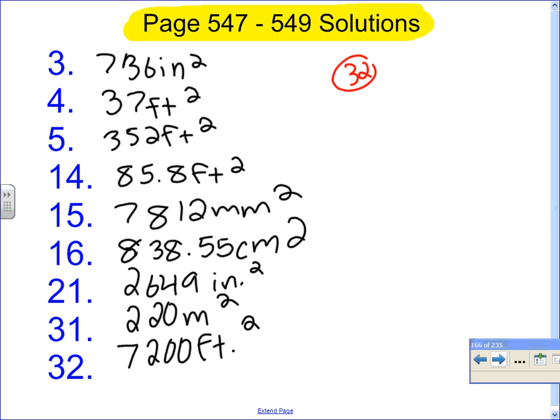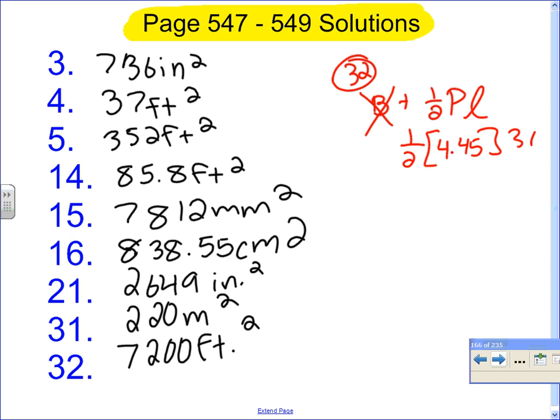So for 32, the top one, it's B plus 1/2 PL. But because you're finding a surface area of the whole thing, ignore the base. Don't find the base. Because remember, it's the inside of it. You're finding the surface area. You don't need to find the base of either of them. That's probably why. So you should have 1/2 times 4 times 45 times the slant height.